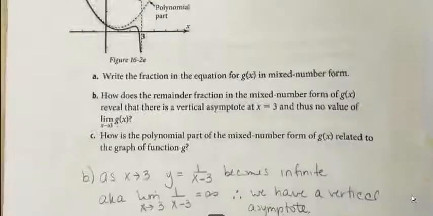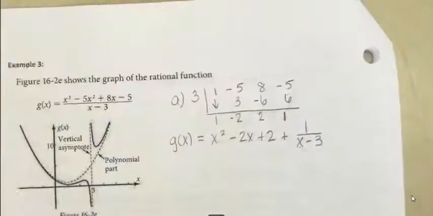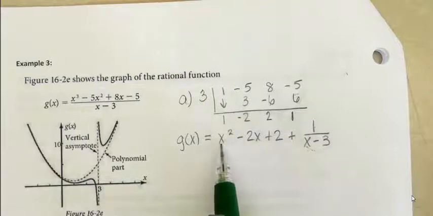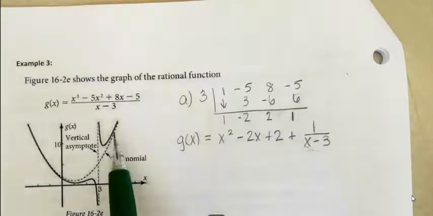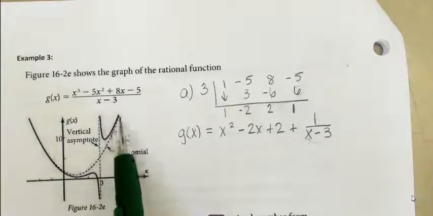All right, looking at C, how is the polynomial part of the mixed number form of g of x related to the graph of function g? Hopefully you can remember this, I think we did this at the beginning of the year, but the rest of this is going to be your other asymptote. It's going to give you this parabola asymptote, right?